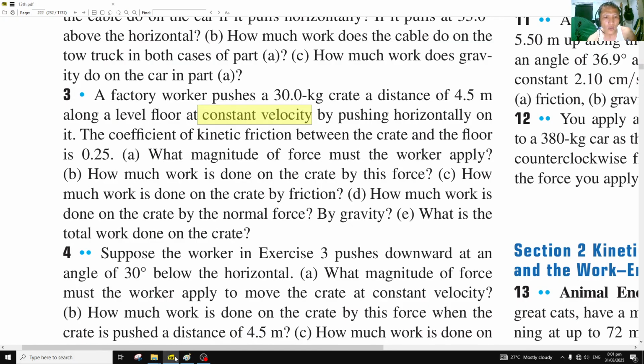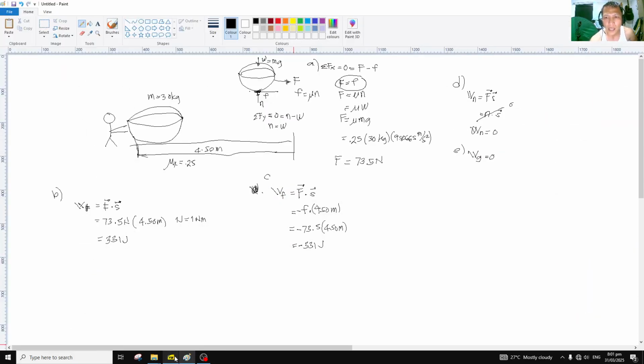Okay? What is the total work done on the crate? So the total work done on the crate, work total, T, that would be equal to, again, i-define mo yung F at saka yung S, yung force at saka displacement. Of course, yung F mo dyan ay yung total force. Meaning, ano ba yung total force sa displacement?